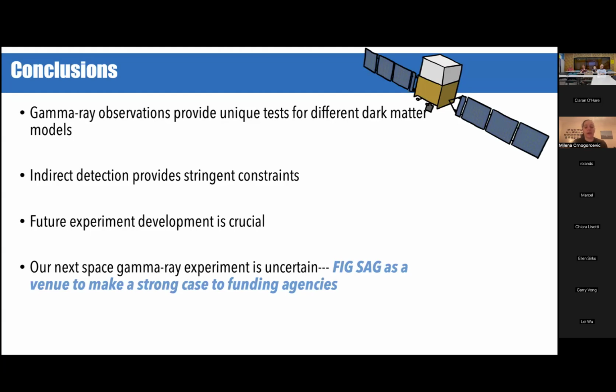I hope that some of you can reach out to me about the specifics of FIGSAG. As I said, it is temporarily paused, so I don't want to dwell upon it, but I want you to know that this effort exists and is an important effort for the future of space-based gamma ray astronomy.